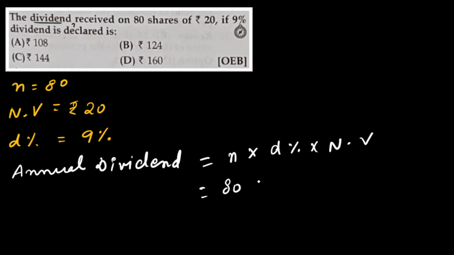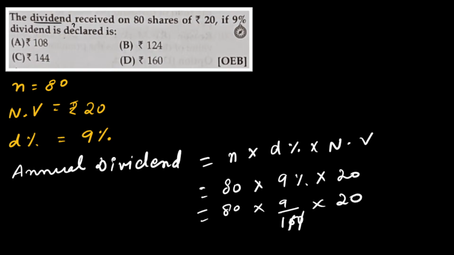Number of shares 80, dividend percent is 9%, and nominal value is 20. We can just simplify. So 80 into 9 by 100 into 20. Two zeros will get cancelled. One with 80 is 0, one with 20 is 0. So what we are left with now? 8 into 9, 72. 72 into 2, so this is 144.